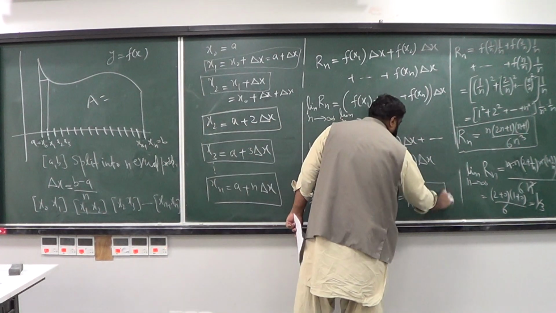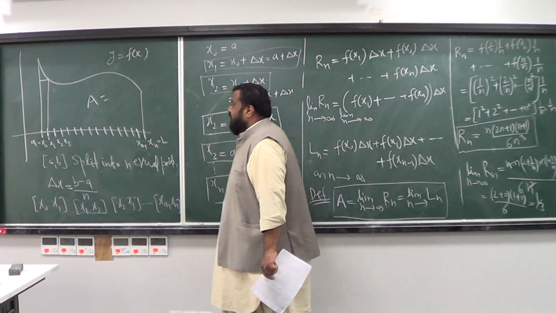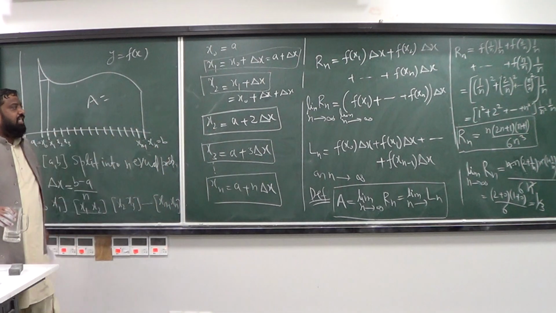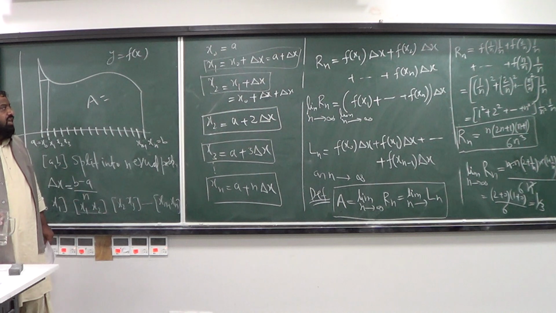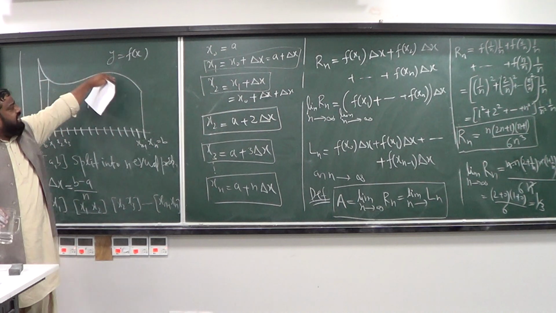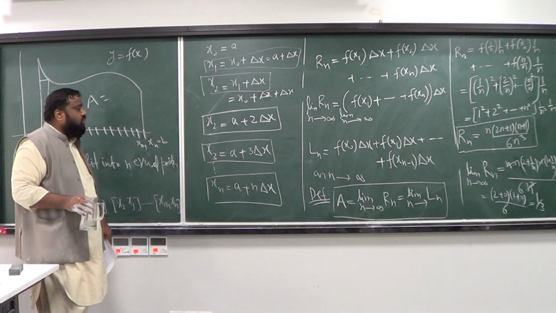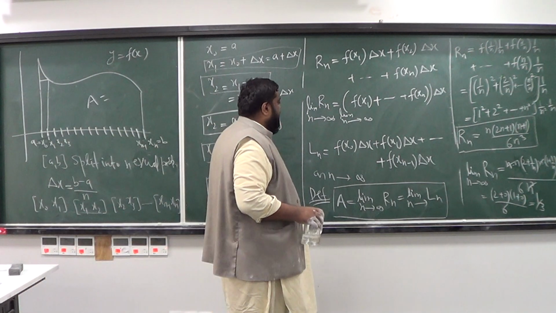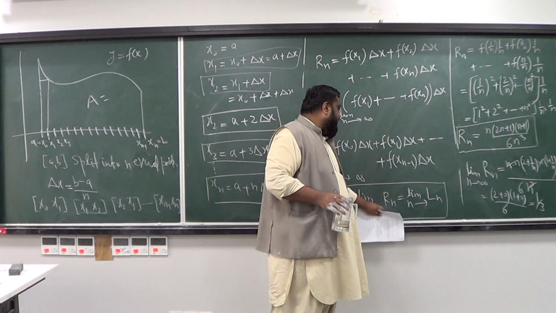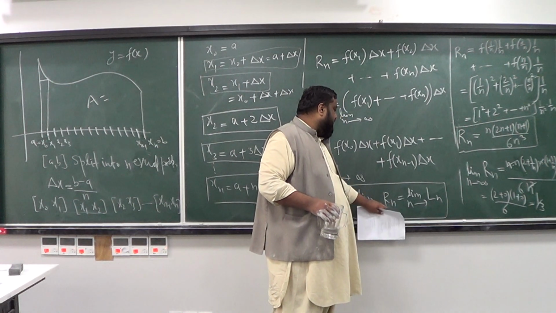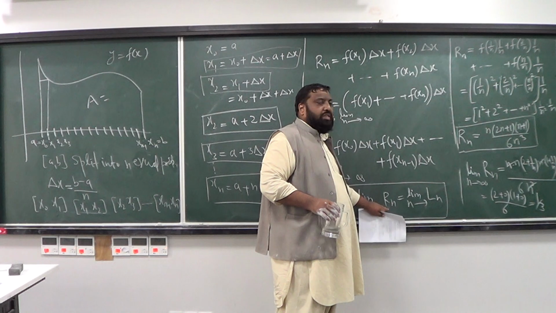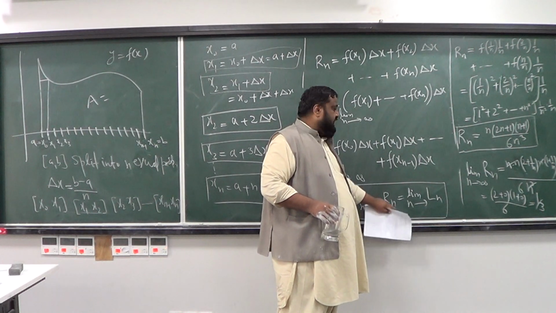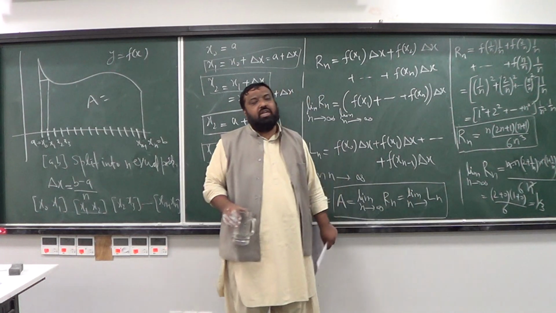I hope you got the essence of it: in order to find the area under any curve, you can compute these limits, the sum of rectangles through the right endpoints and the sum of rectangles through the left endpoints.